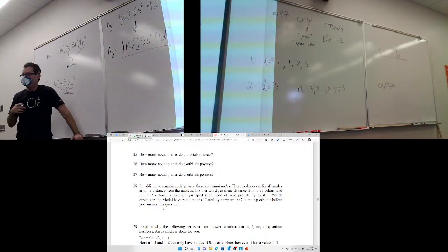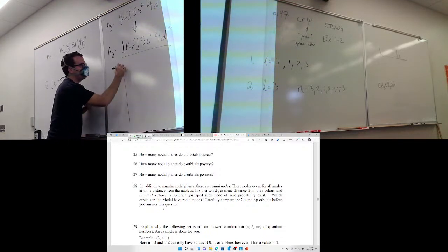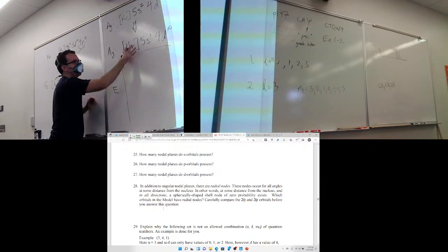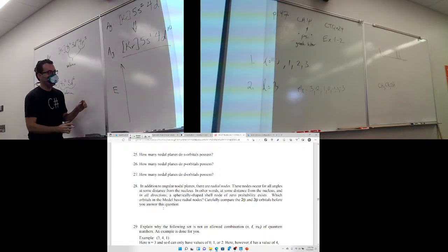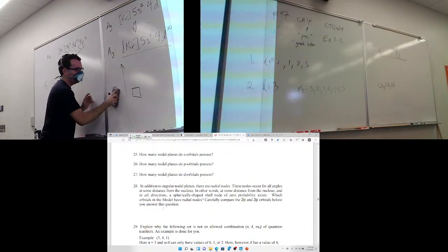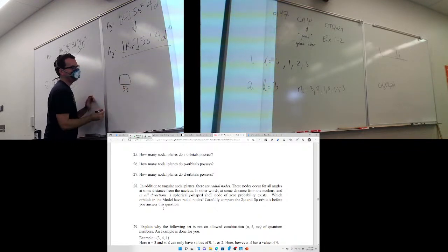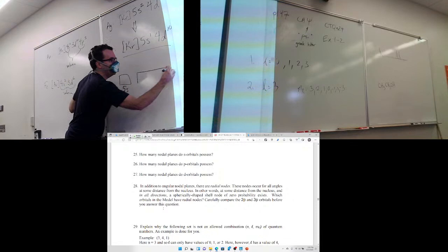Now, given this, if you drew the orbital diagram for silver, what is it going to look like? I'm just going to do the valence one, so I'm going to ignore all the krypton stuff. Let's just do the partial orbital diagram. So we've got the 5s, and then we've got the 4d.